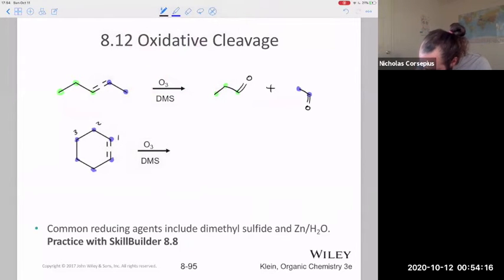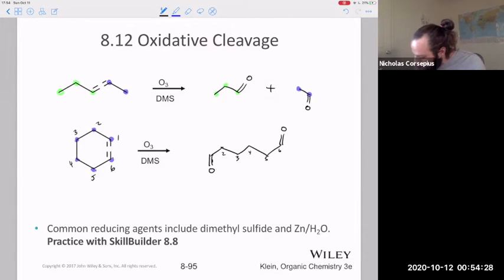So that means my product here, 1, 2, 3, 4, 5, 6, should have that carbonyl group on carbons 1 and 6, right? So again, I've cleaved that double bond, but because this was a cyclic structure, both ends are still attached to one another.